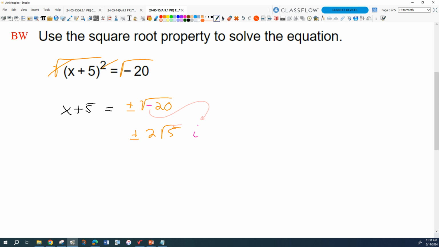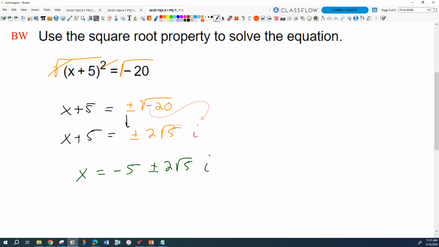So that's what x plus 5 is equal to. So what's the last step? Good. And where do I put the negative 5? In front, right there. So we get x equals -5 plus or minus 2 times the square root of 5i. There's both my answers, one for the plus, one for the minus.